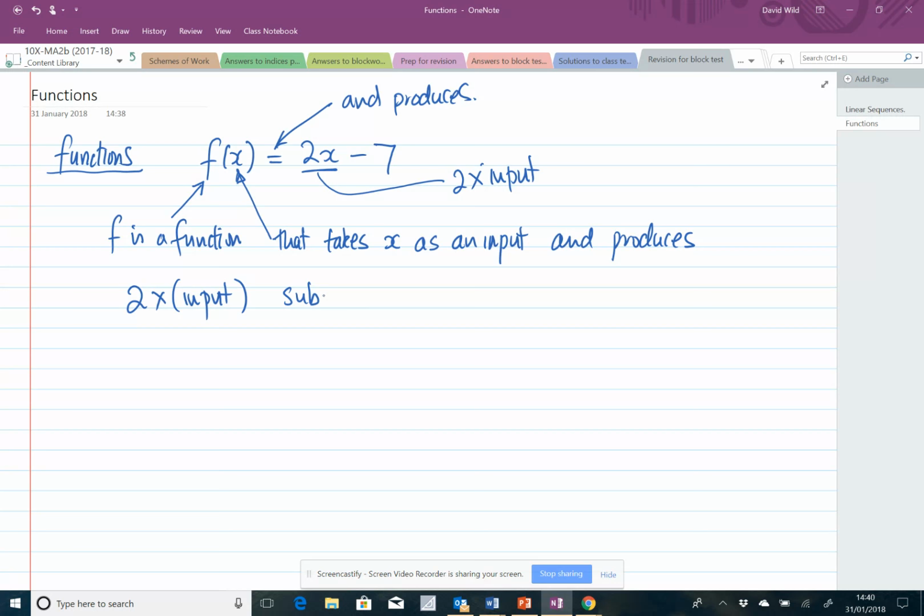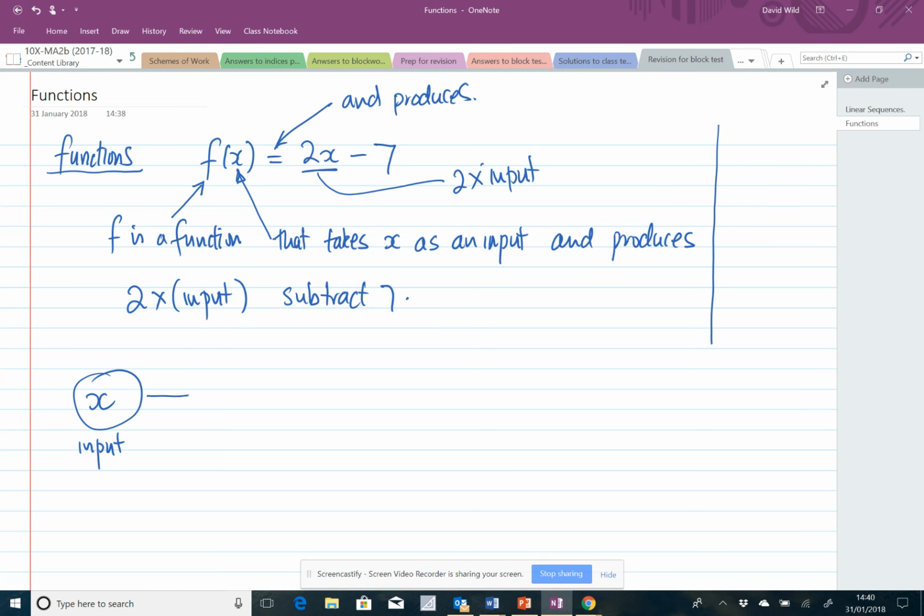Subtract 7. So we have f is the function, takes in an input of x, and produces 2 times its input, and subtracts 7. Now, we can think of that as basically starting with an x as an input. This is my input.